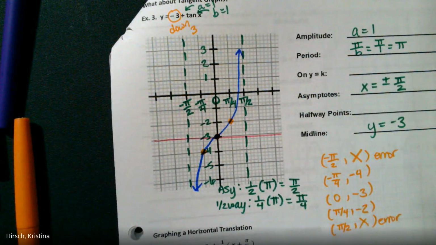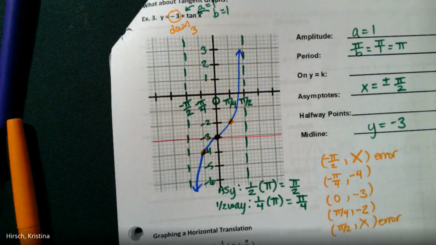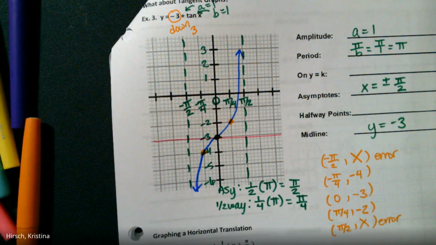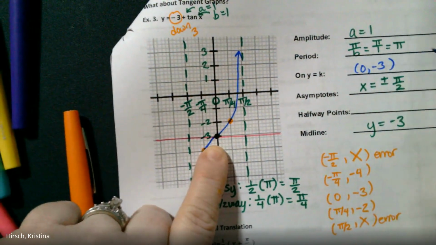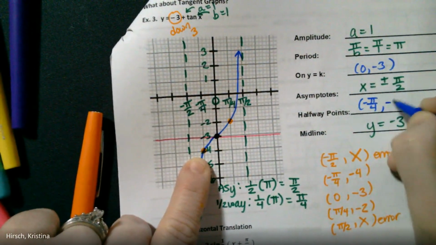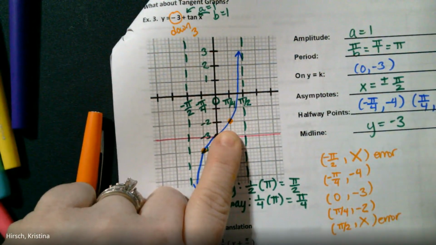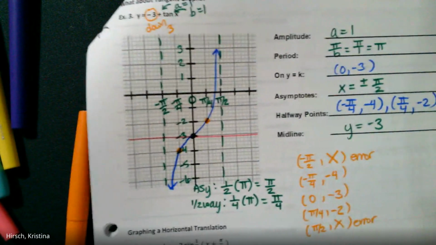It looks like it's not super symmetric, but that's only because I'm restricted to my graph. I don't go that far down. I could keep going and it would look a bit more symmetric. My halfway points, on y equals k, it's just going to be 0, -3, but my halfway points are negative pi over 4, -4, and positive pi over 4, -2. That's where those points are coming from.